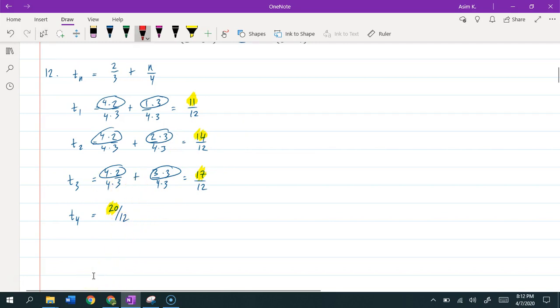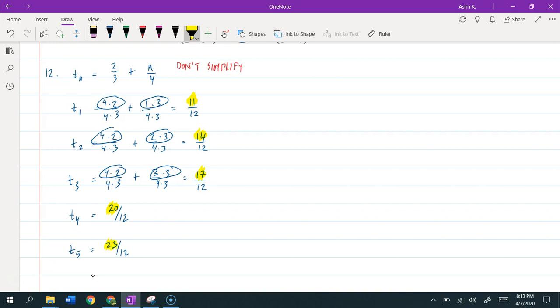I give you one piece of advice: in sequences, don't simplify. It will hinder you from realizing what the pattern is. And so finally, the fifth term is going to have 23 over 12. So we basically keep adding 3's in the numerator.